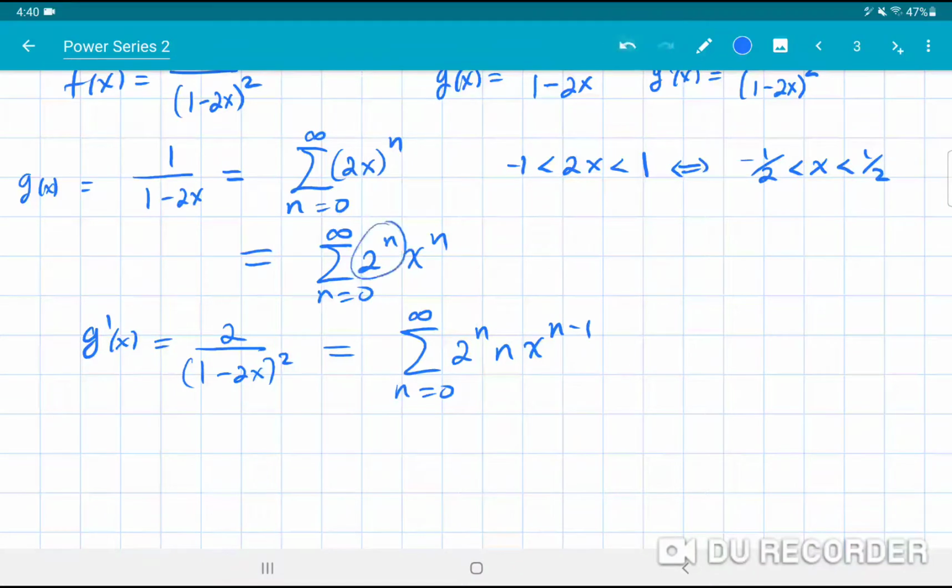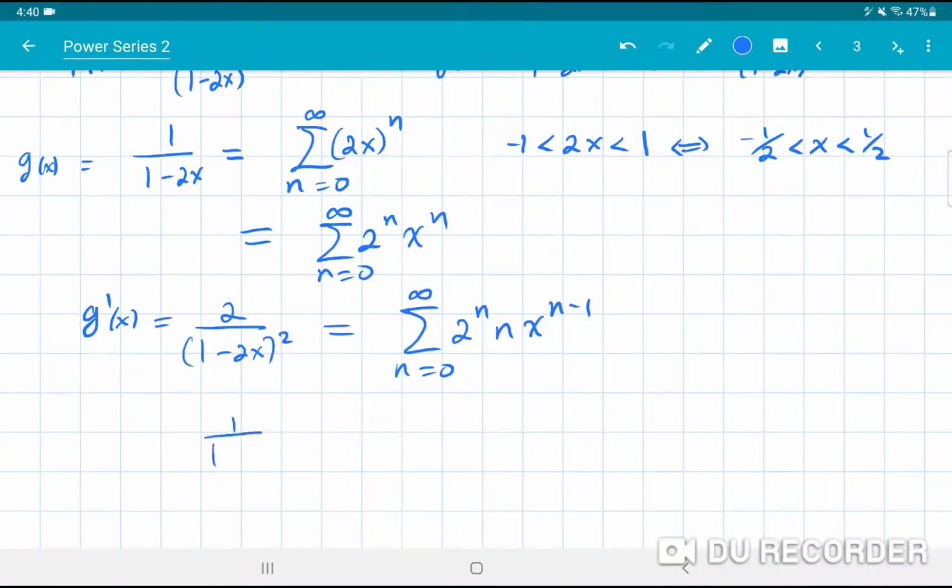We have no x in here, okay? So this is 2 over (1 minus 2x) squared. So what is then 1 over (1 minus 2x) quantity squared? That's actually 1/2 of this, 2 to the power of n, and x to n minus 1.